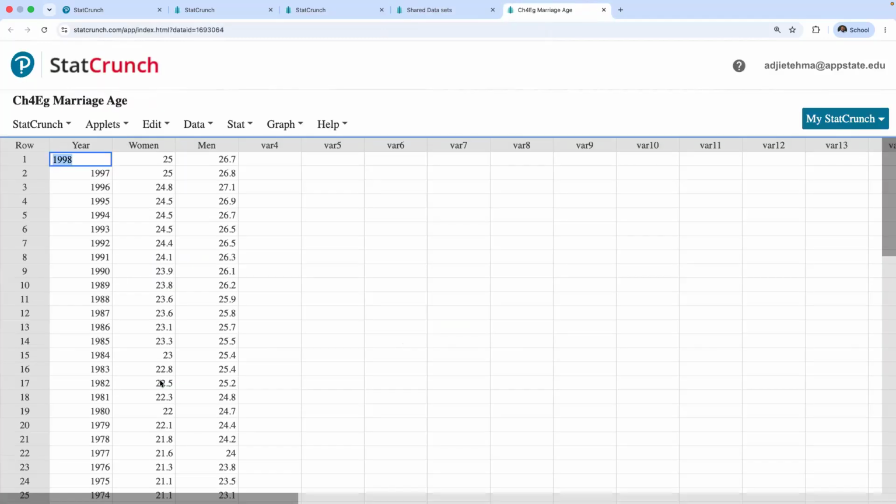We click on this one, and then we have this. So please load your marriage data set again. Have you all been able to load your marriage data set?